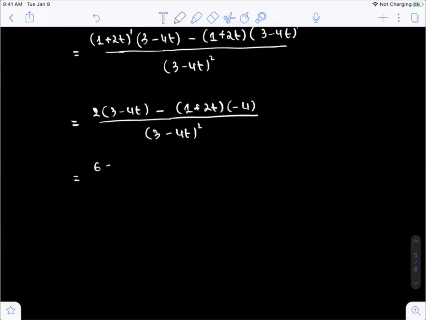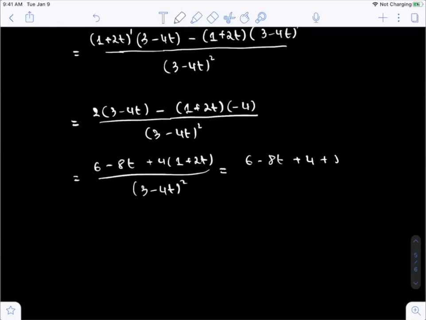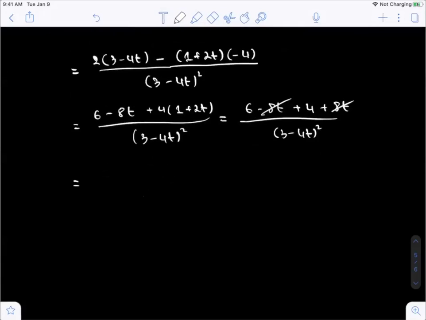We get 6 minus 8t plus 4 times 1 plus 2t, which is 6 minus 8t plus 4 plus 8t, divided by 3 minus 4t squared. The -8t and +8t cancel out, and you're left with 10 divided by 3 minus 4t squared.